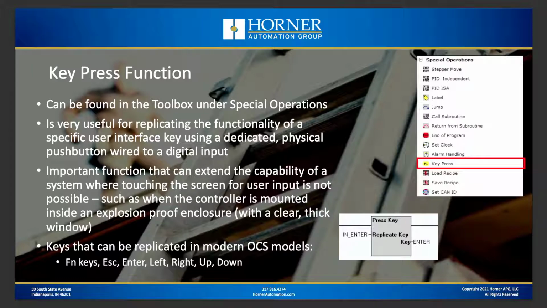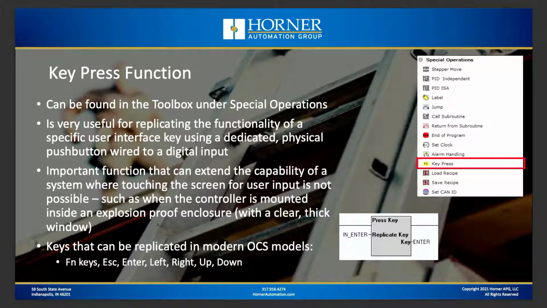I mean, it's good for approximately 1 million operations, but when you're pressing it continuously, the key eventually is going to wear out. So you could replace that particular key using the key press function and hardwire that key press over to a dedicated wired push button that is probably not going to wear out quite as soon. And if it does, well, you can replace it with another hardwired push button without replacing the OCS. So that's one use case.